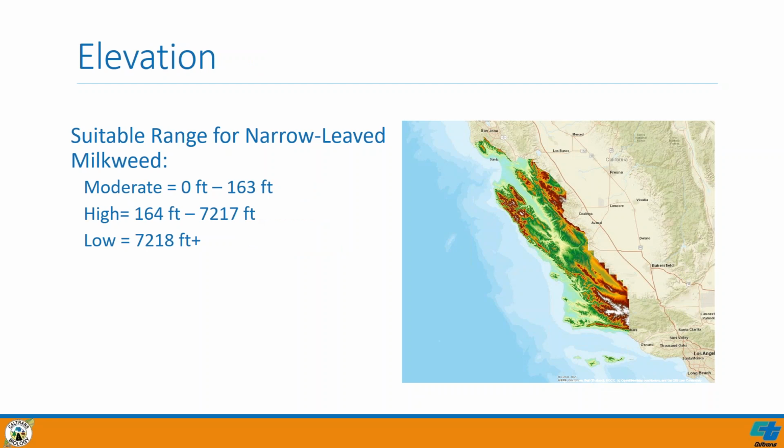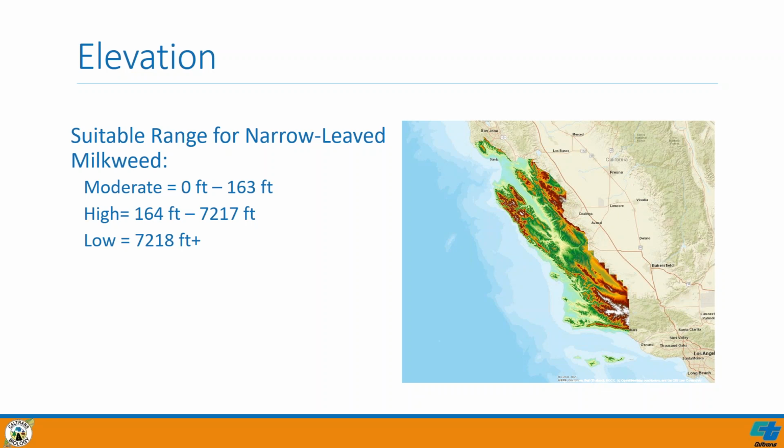We'll go through these next ones pretty quick. Elevation: we used a fairly high resolution DEM, in some cases a 3-meter DEM, to estimate the elevation. The high value for the optimal range is 164 feet to 7,217 feet above mean sea level.